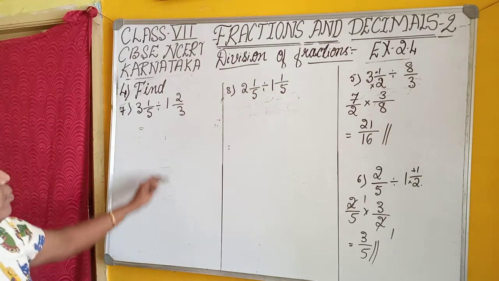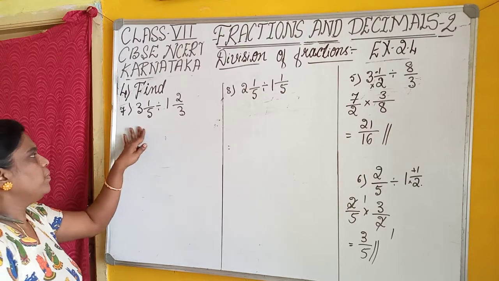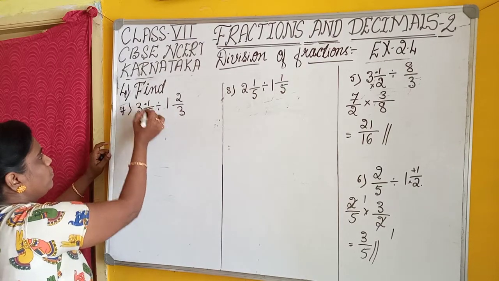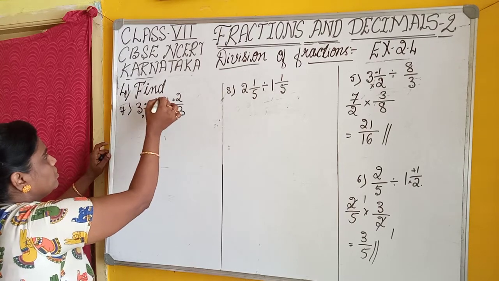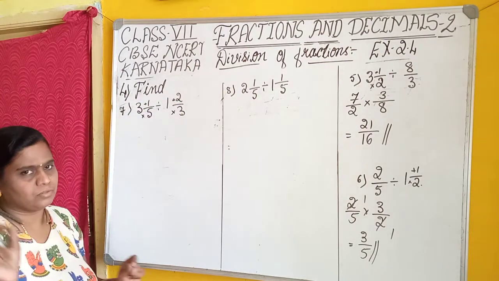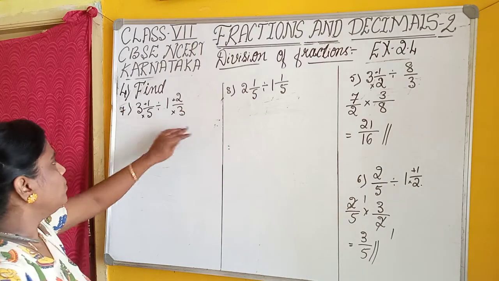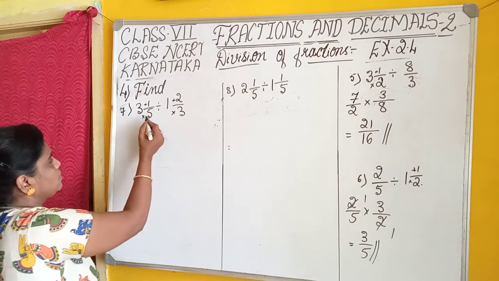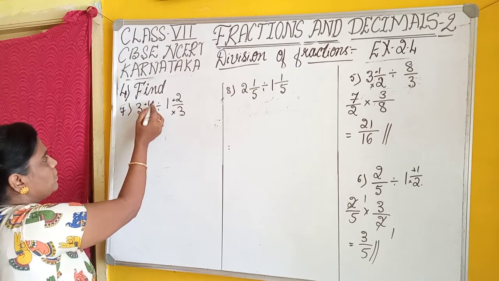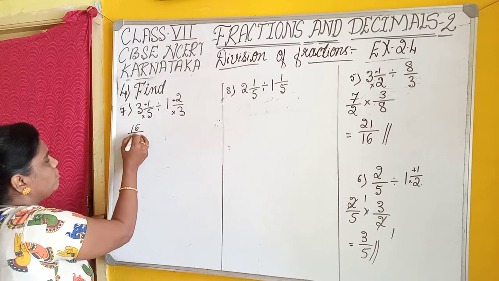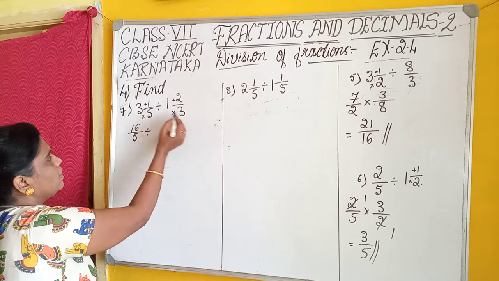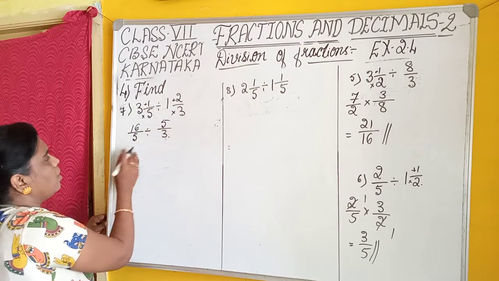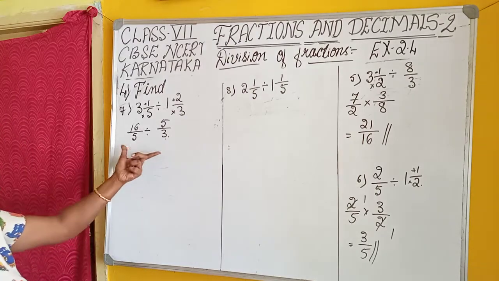Okay students, here both are mixed fractions. Convert these mixed fractions into improper fractions. 5 3s are 15 plus 1 is 16 by 5 divided by 3 ones are 3 plus 2 is 5 by 3. Now here we got two fractions, isn't it?